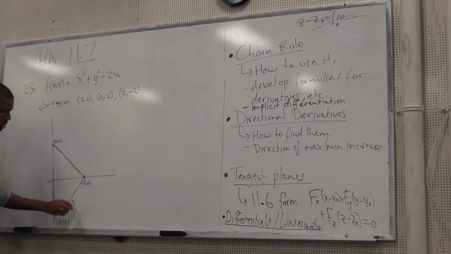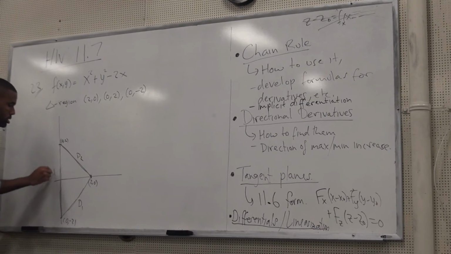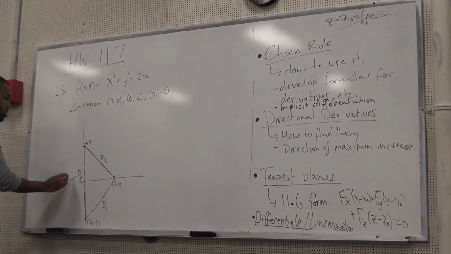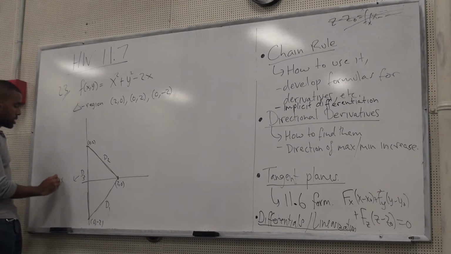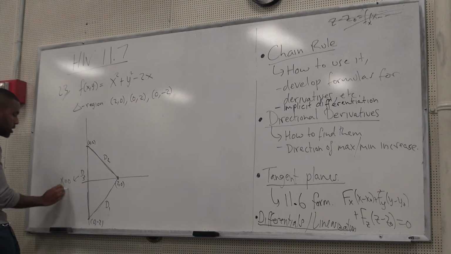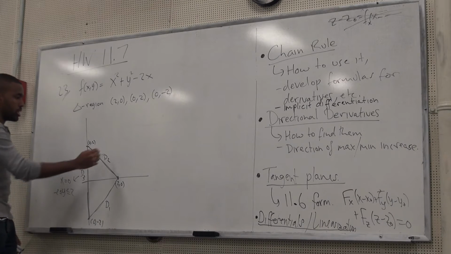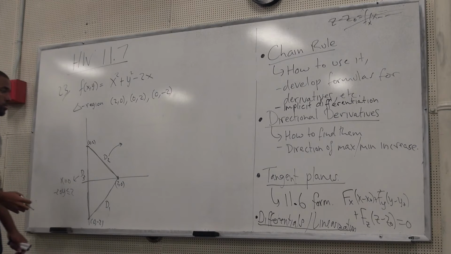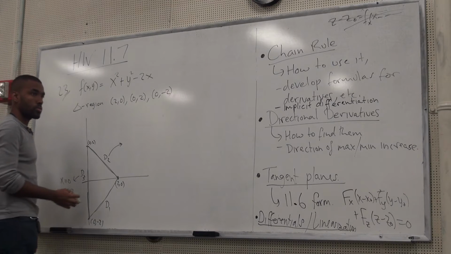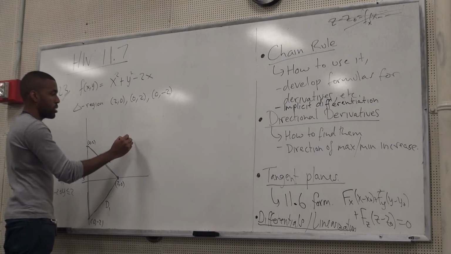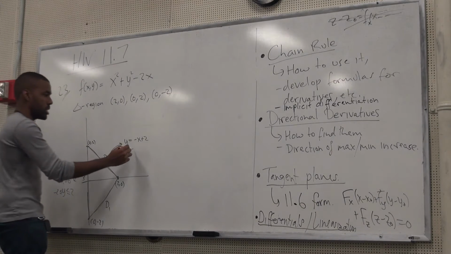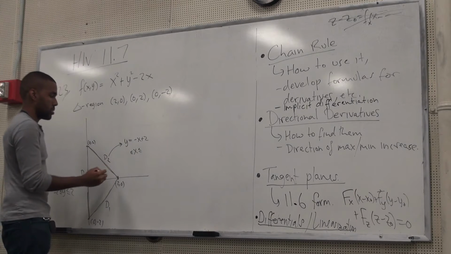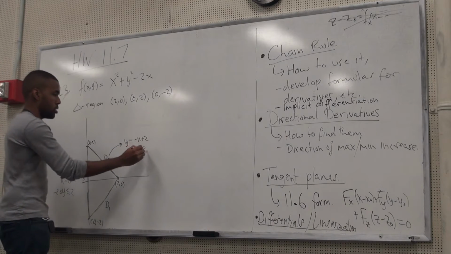I can call this D1, D2, D3. D3 is what curve? It's x equals 0, and what's the range for y? The range is negative 2 to 2. Okay, D2 would be what curve? y equals minus x plus 2, right? And the range for x? 0 to 2.